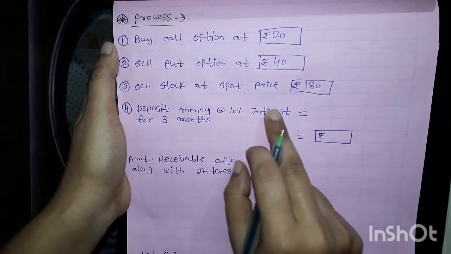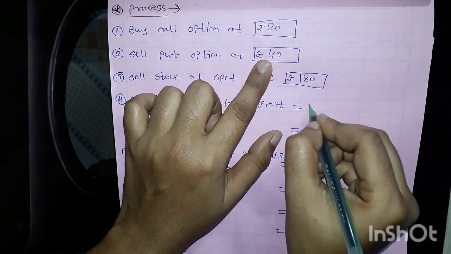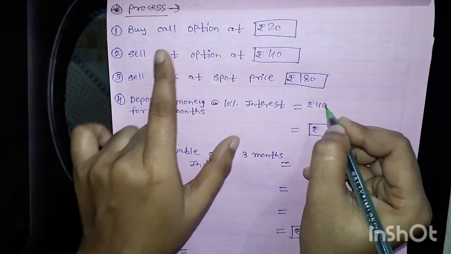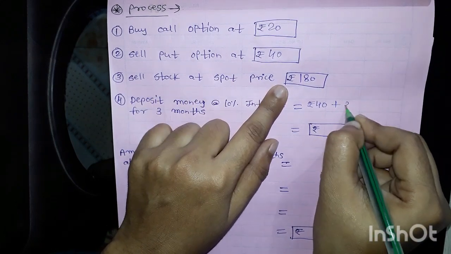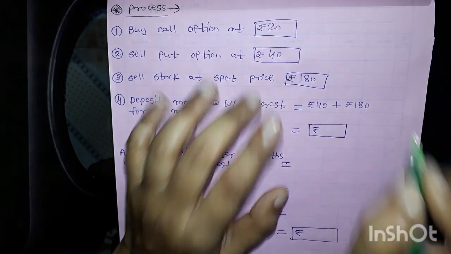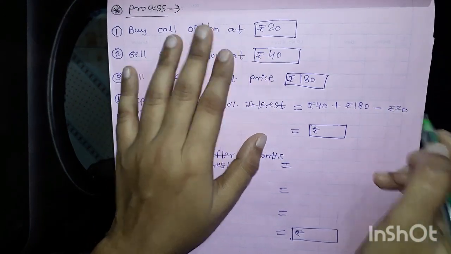So deposit the money at the rate of 10% for 3 months. See, I have 40 rupees because I got this from selling the put option. After that, I have 180 rupees, and from that I have to use 20 rupees to buy the call option.